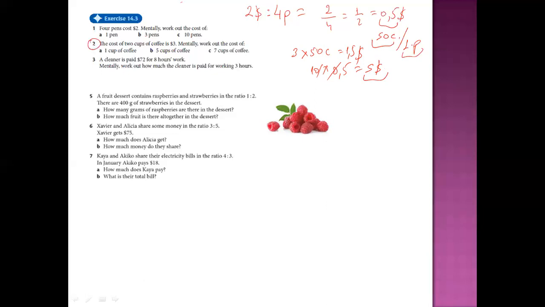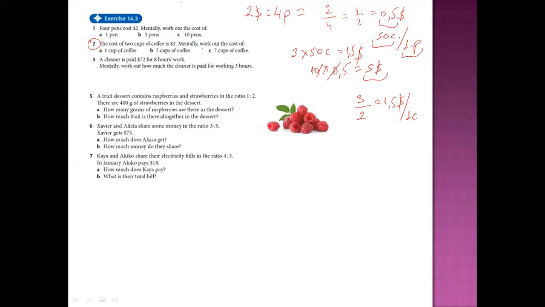And the second question, the cost of 2 cups of coffee is $3. So the price divided by the number of coffees is $1.5 for each coffee. Okay, 1 coffee, it's the unit.